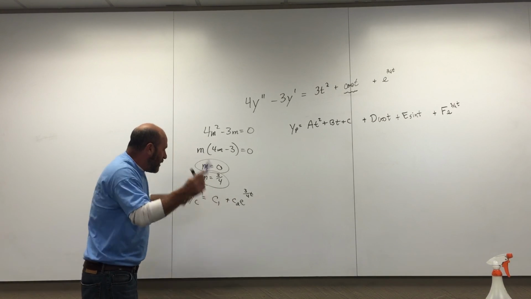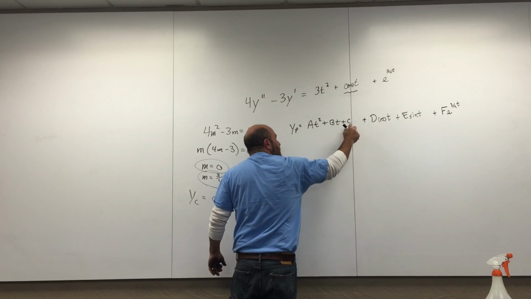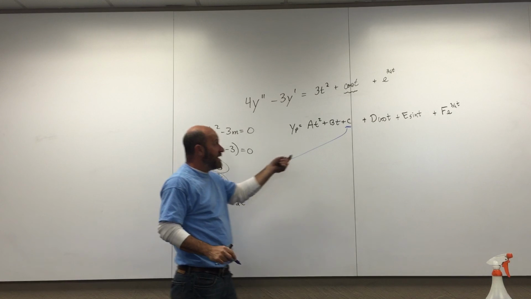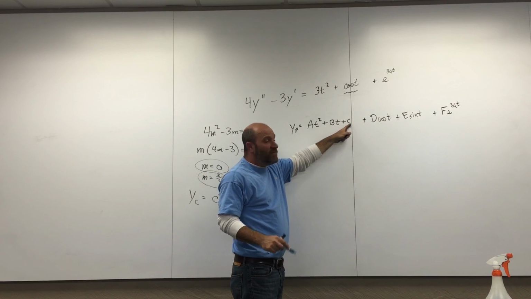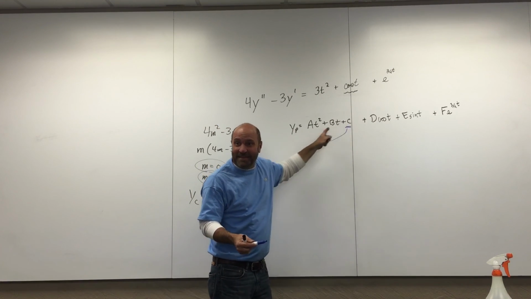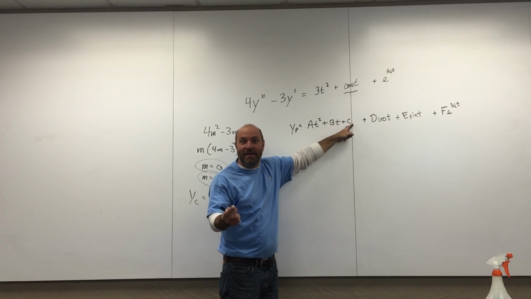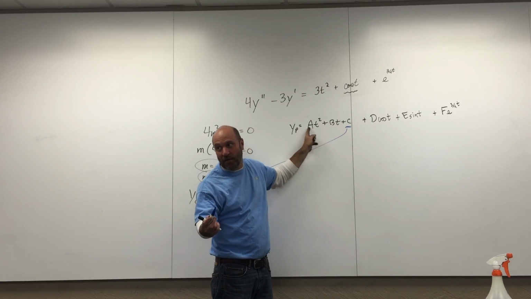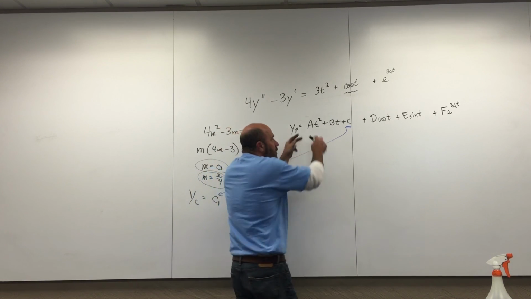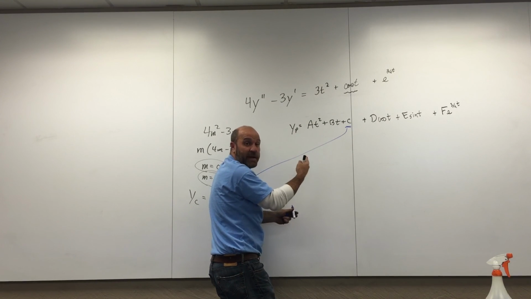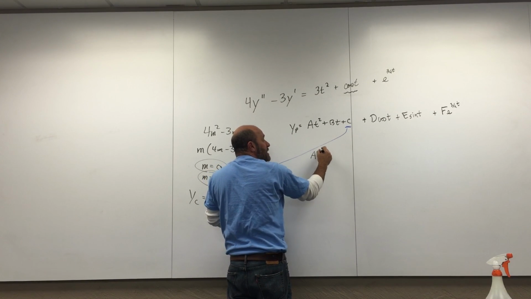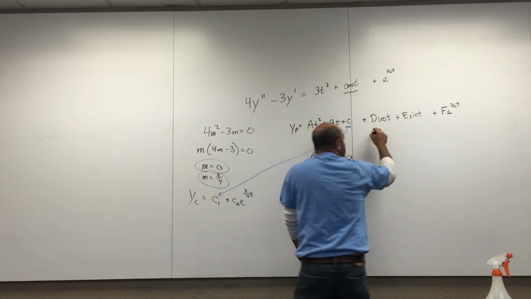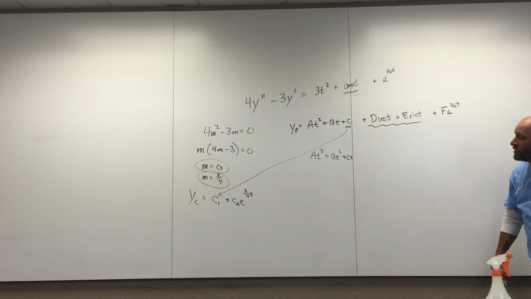There's dependency between this term and this term, so you have to multiply it by a t. The reason you multiply the whole thing by t is that as soon as you multiply by t, it's dependent again. So you group this together and multiply the whole thing by t. So it turns out to be At cubed plus Bt squared plus Ct. But there's no reason for you to multiply any of those others by t.